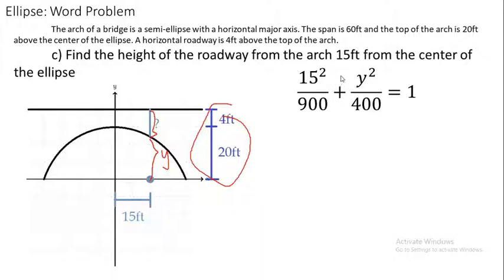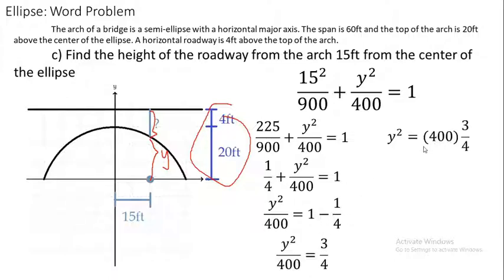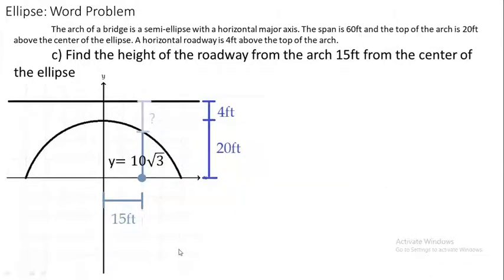Using the standard form and x, let x be 15. 15 squared is 225 divided by 900 is equal to 1/4. Transpose 1/4, 1 minus 1/4 is 3/4. Apply cross multiplication, 400 times 3/4 is 300. Extract the square root, y equals 10 square root of 3.